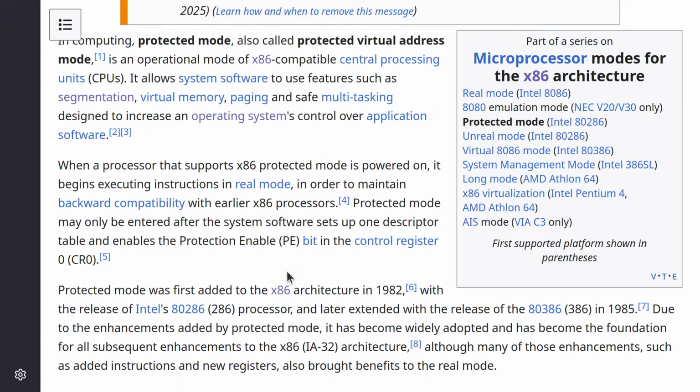It's now been replaced by, like, real mode. What's the current mode everyone uses? I don't know. Long mode. That's right. It was one of the 32-bit modes, I believe.